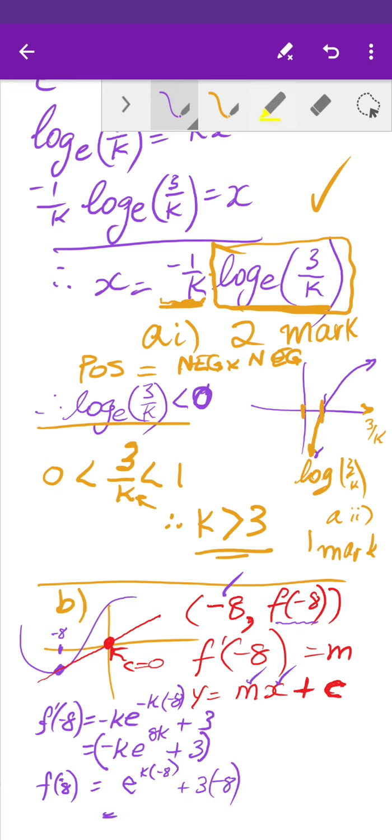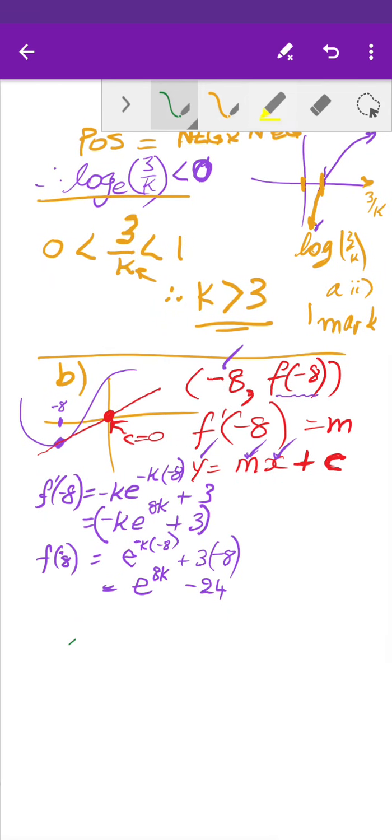So that would be e to the negative k times negative 8, e to the 8k, minus 24. Alright, so we know now what y equals, we know what m equals, we know what x is. So let me scroll down and substitute into y equals mx plus c. The y value is this one, so e to the 8k minus 24.